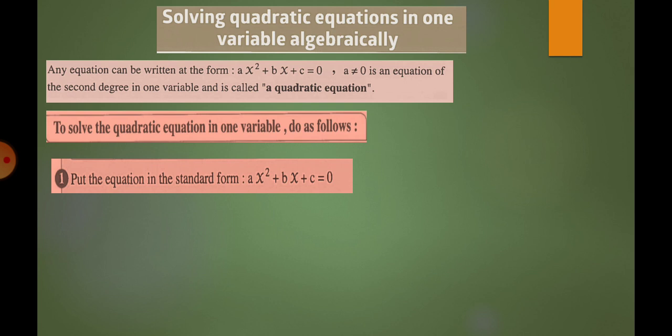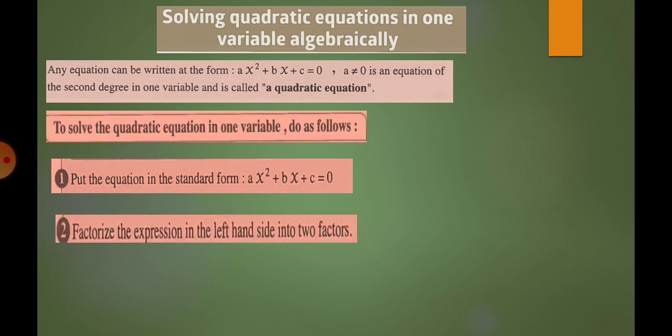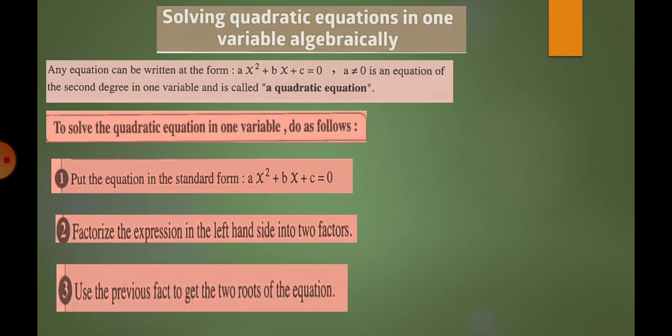Put all the terms on one side and the other side equals 0. Number 2, factorize the left hand side. Number 3, use factorization to find the roots.